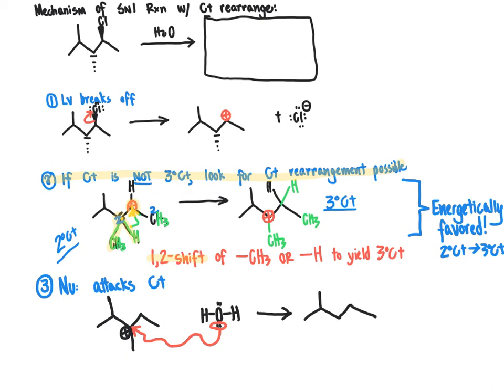And I am going to go ahead and show the stereochemistry here at this step, because remember that at step 3 here, we started off with our carbocation being trigonal planar, because the carbocation just has 3 regions of electron density. And so the water nucleophile can attack it from either the top face of the molecule or the bottom face, leading us to a mixture of the R and the S chiralities at that location.